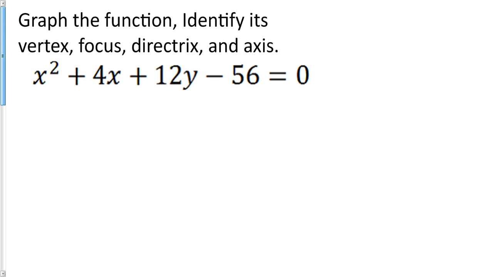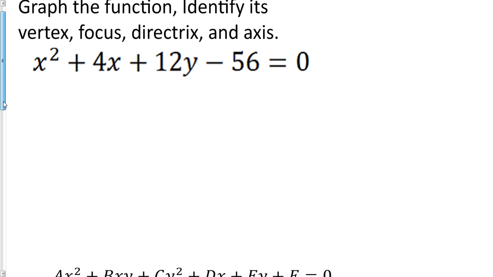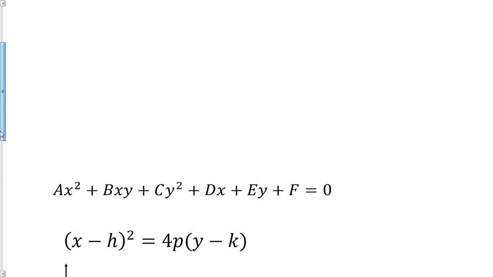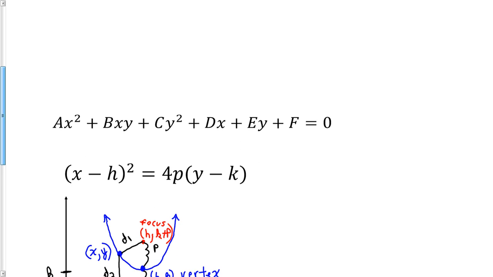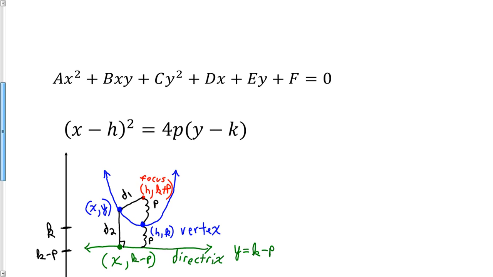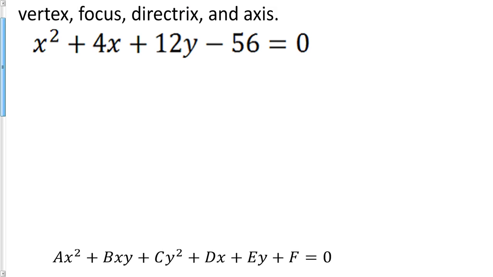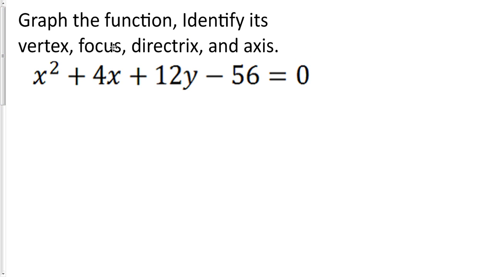And just by knowing h, you can identify the axis, because the axis of symmetry, for a parabola where the axis is vertical, is just the line x equals h.